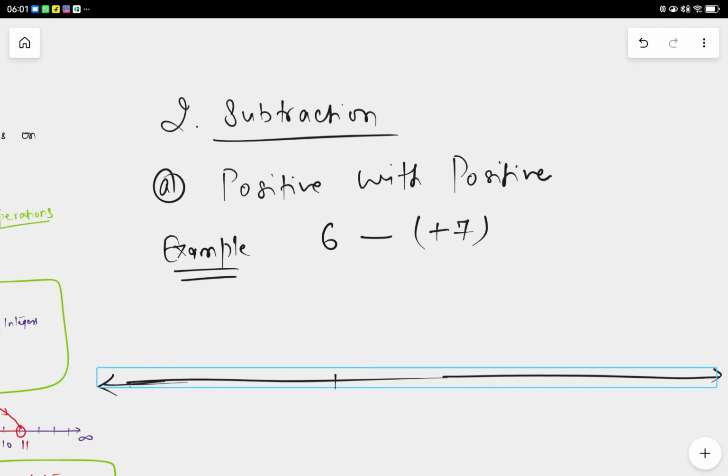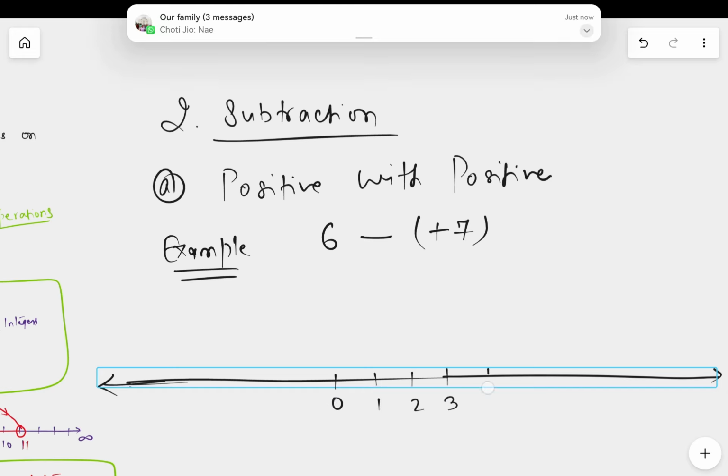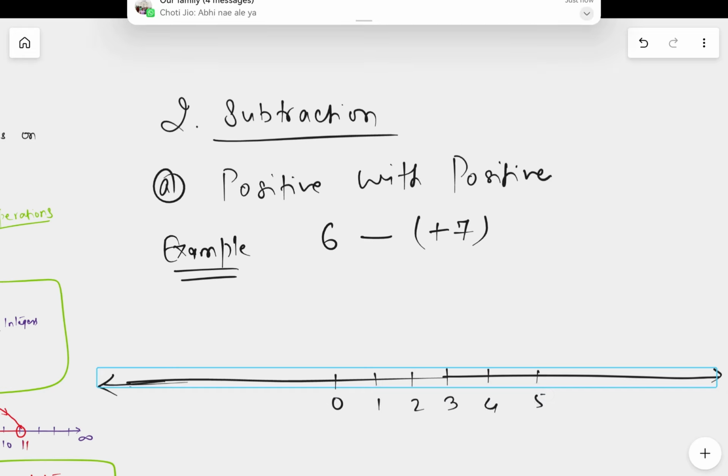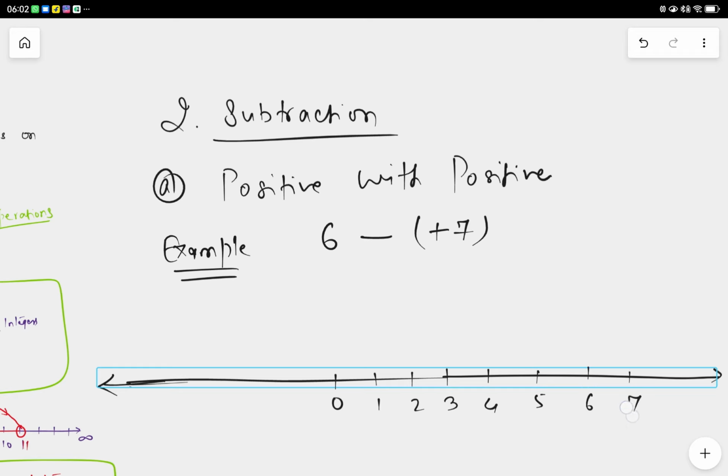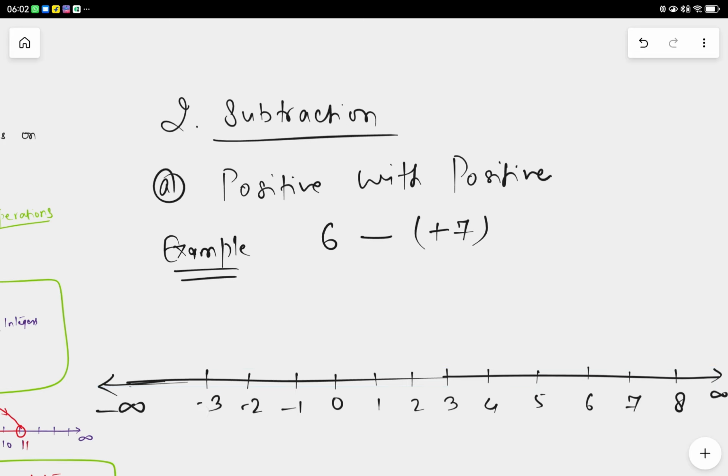So here we will keep 0, 1, 2, 3, 4, 5, 6, 7, 8, and infinity and minus infinity. And here we can keep -1, -2, -3, -4, and so on, right?